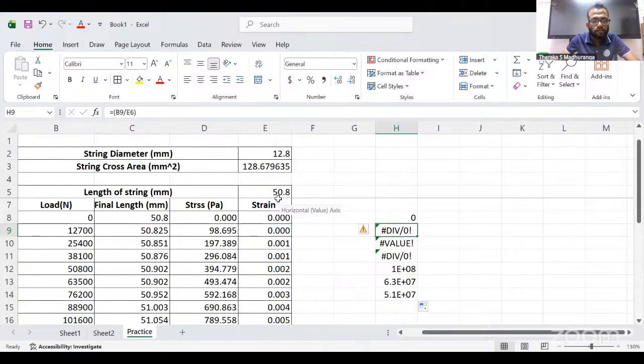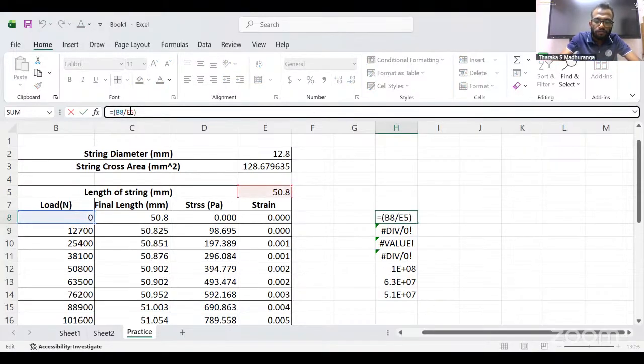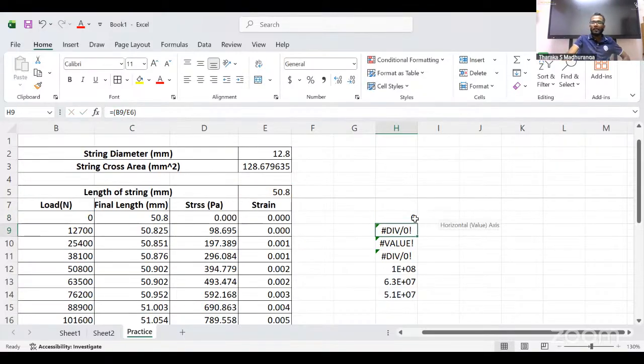We need to divide by E5, Sarmia. I got the error. Therefore, to fix this you can add a dollar mark in front of 5, and if you want to fix the column as well, you can add a dollar mark for E, right. Then enter. Then what happened? The function is correct, the value is correct.